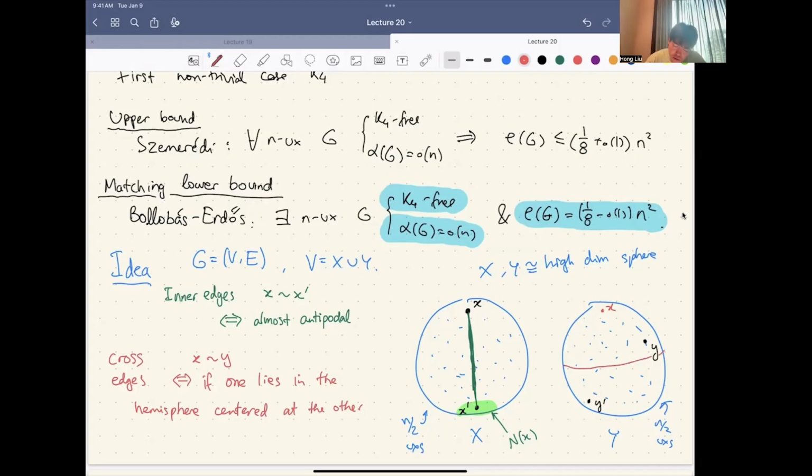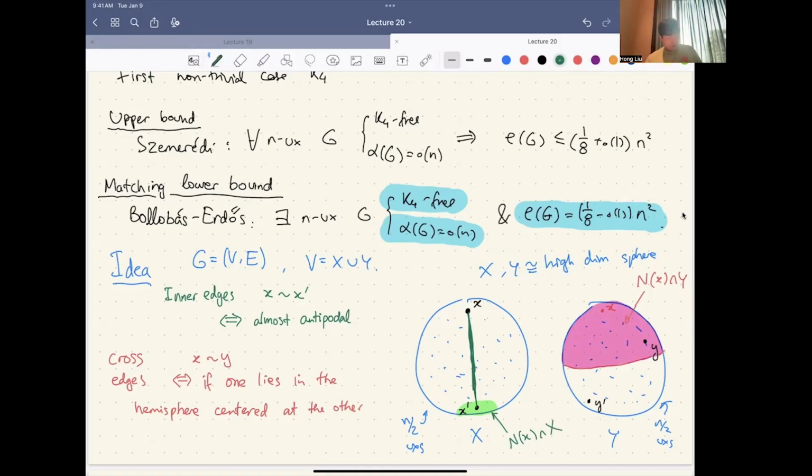All those points inside this hemisphere are neighbors of x, the cross neighbors of x. So this is the neighbor of x intersect Y. This is the neighbor of x intersect X. Okay.